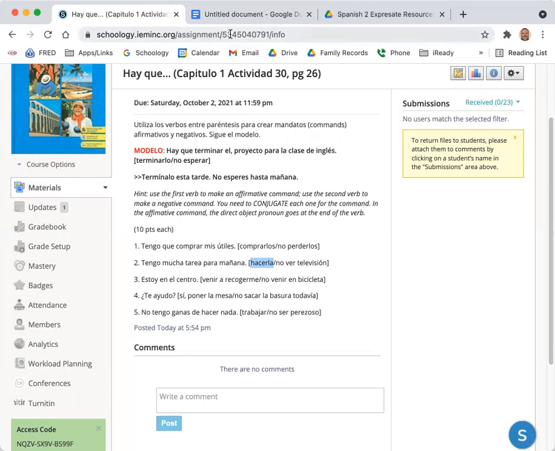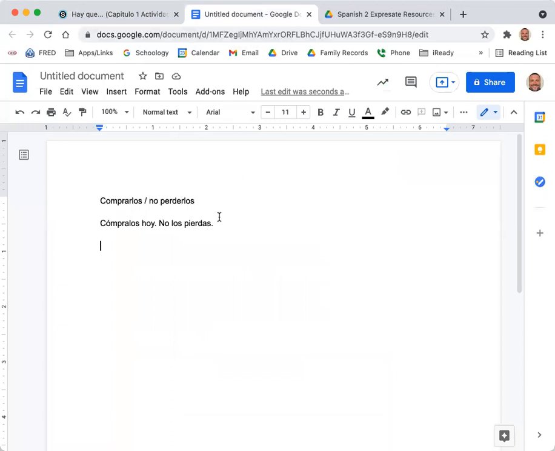What's the command form of hacer? It's haz, okay? So we want to say do it, meaning the homework, la tarea. So hacerla simply becomes hazla, and maybe we want to say do it now. Hazla ahora.